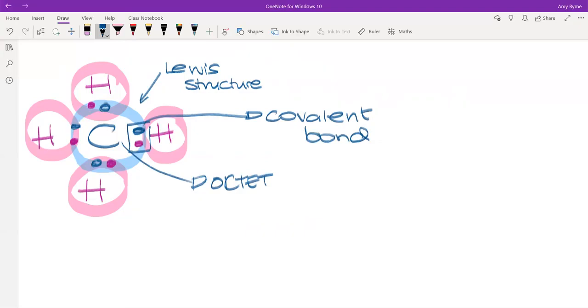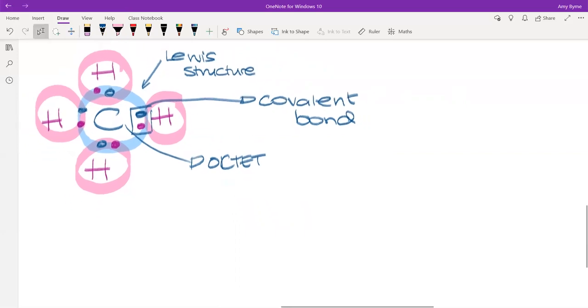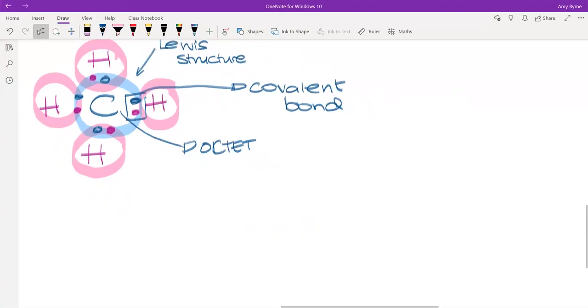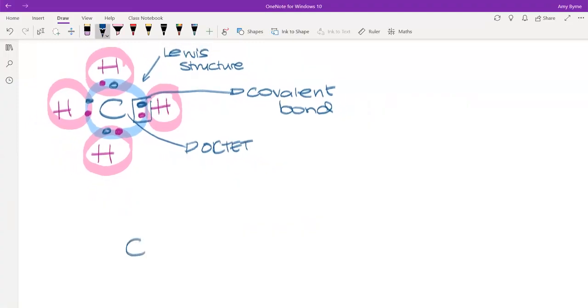It's a really simple way for us to show how these things are connected. So you can show it with 2 colours, like I've just done there. You can also show it using what is called a dot and cross. So I show my carbon electrons as being dots and my hydrogen electrons as being crosses.